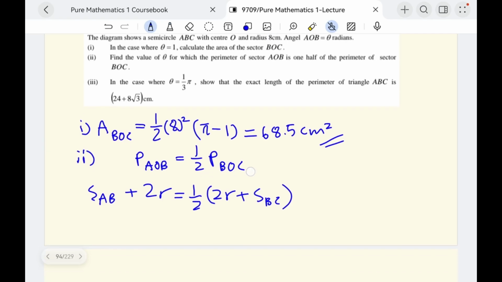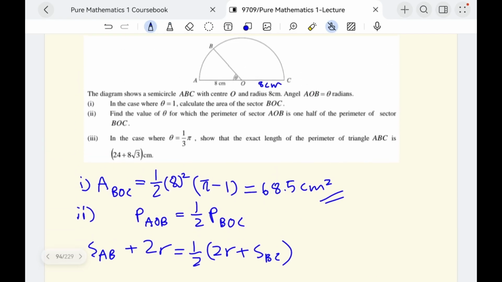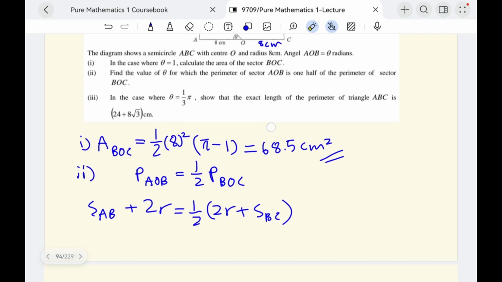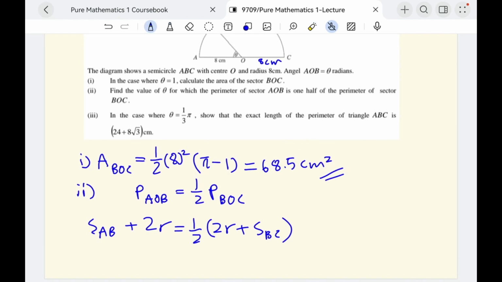So what is the SAB? We do have to state it is 8, since each term has a common factor of R, and in the end it must be cancelled.